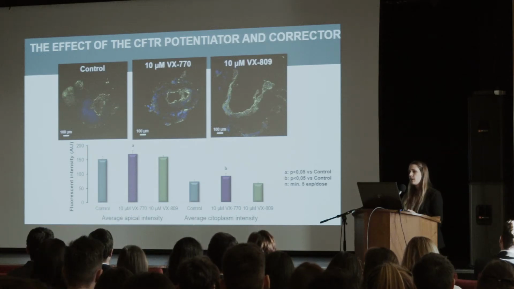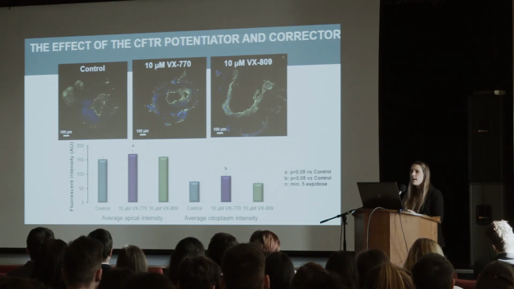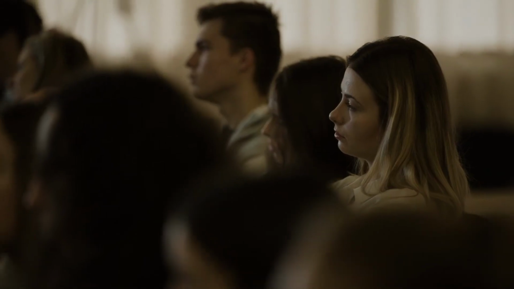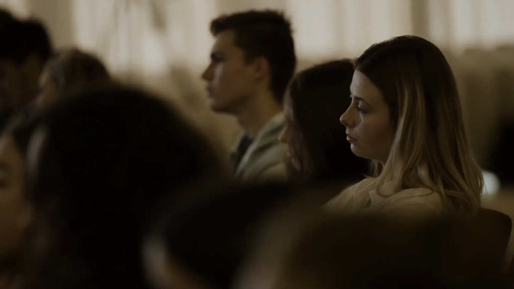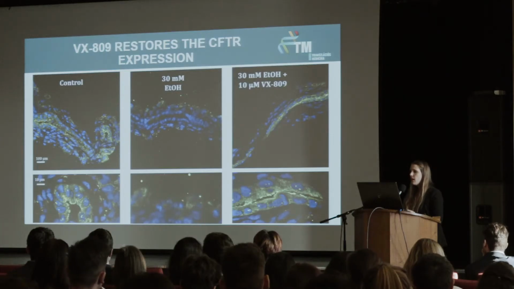After that, we would like to test the CFTR potentiator and the corrector alone, if they have any effect on the CFTR expression. And we found that they did not have such a big effect on the CFTR expression. After that, we added the corrector to our system.